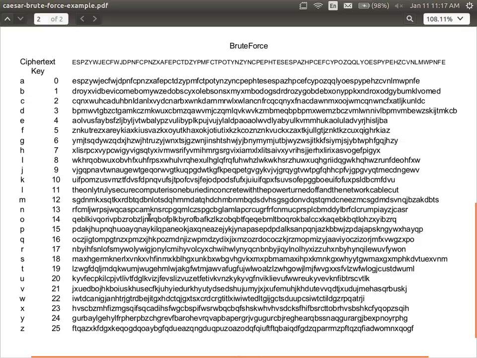But there are other possible attacks. Let's try a slightly more intelligent attack on the Caesar cipher.